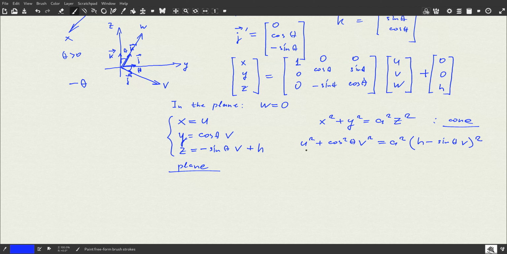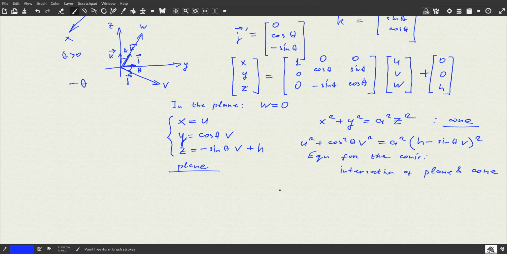So we now indeed have two coordinates u and v, and the points which satisfy this equation belong to both the cone and the plane. So that's really the equation for our conic, the intersection of plane and cone. Okay, so let us simplify it a little bit.